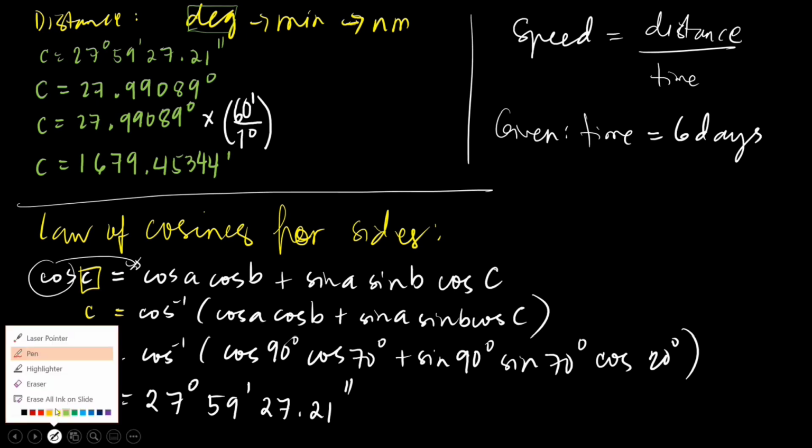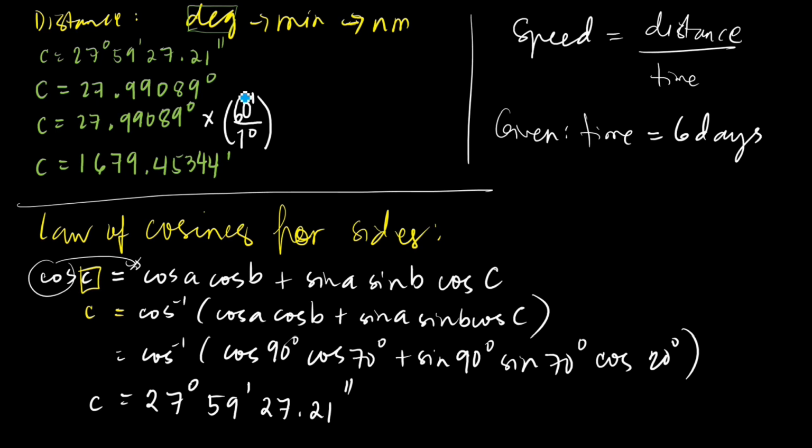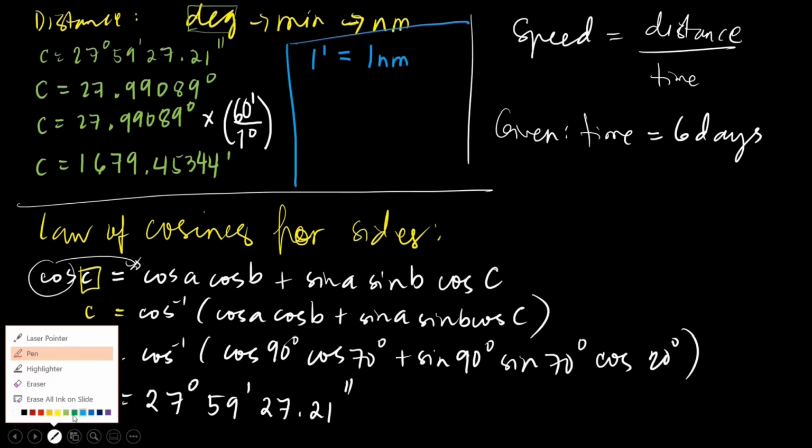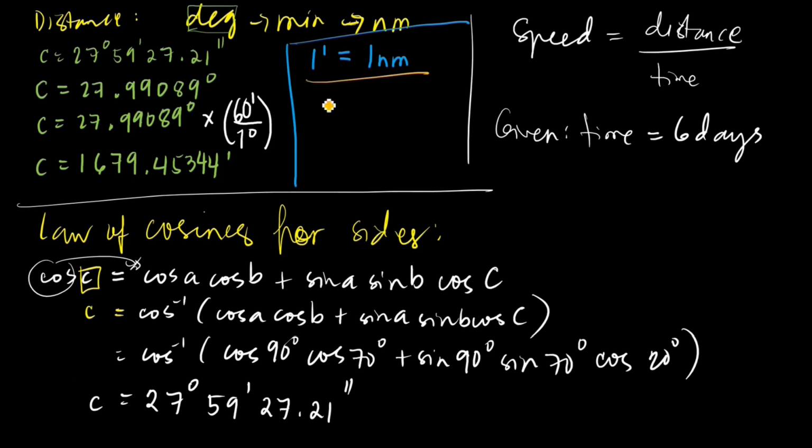Then again, since we know that 1 minute is equal to 1 nautical mile, it means that we have 1,679.45344 nautical miles. If you will be asked of the distance, you can just have 2 decimal places. So the distance between point A and the point on the equator is 1,679.45 nautical miles.